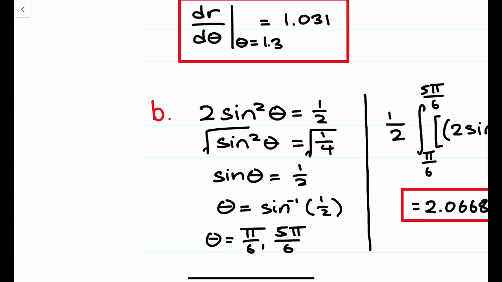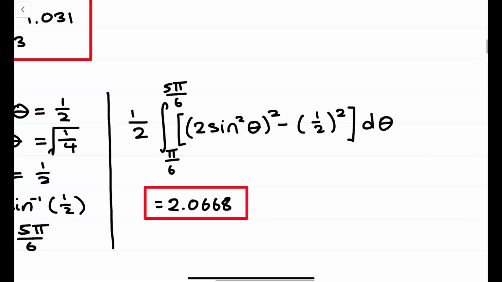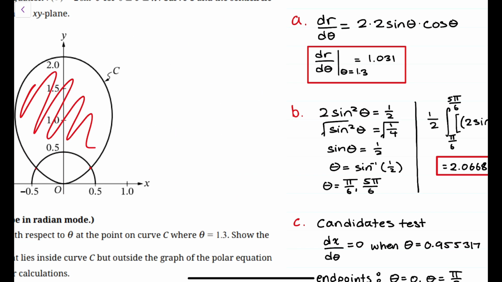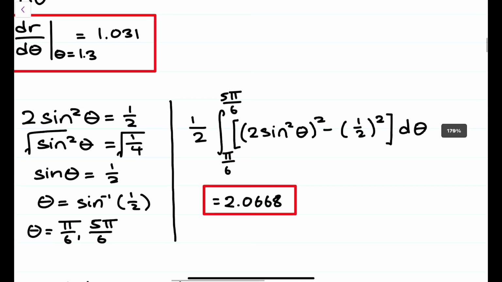So that's going to be our limits of integration. So we use the formula 1/2 the integral of r squared d theta. And we do the curve C, 2 sine squared theta minus 1/2, so that we can get this area that's shaded here. And then plug that into your calculator and you get 2.0668.